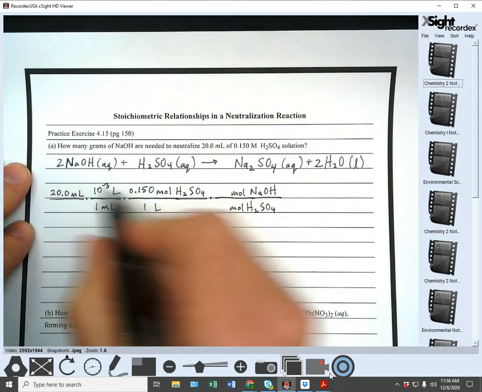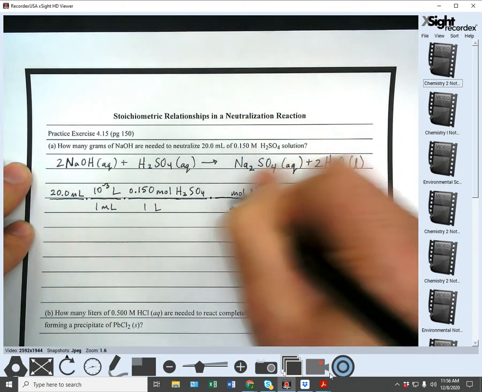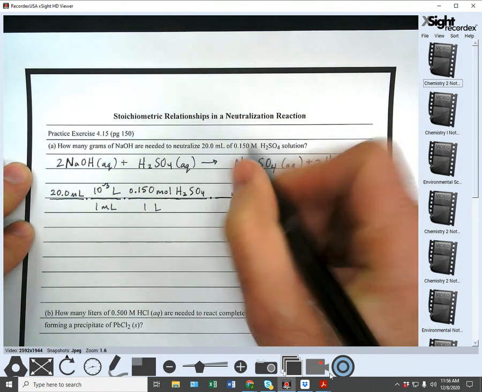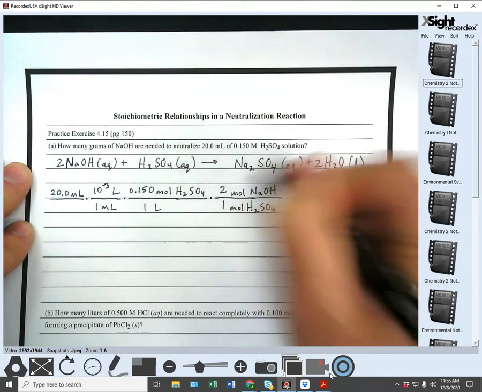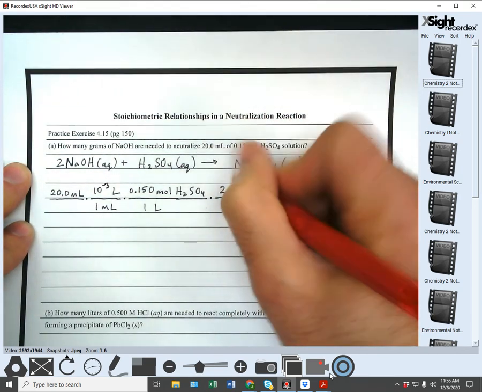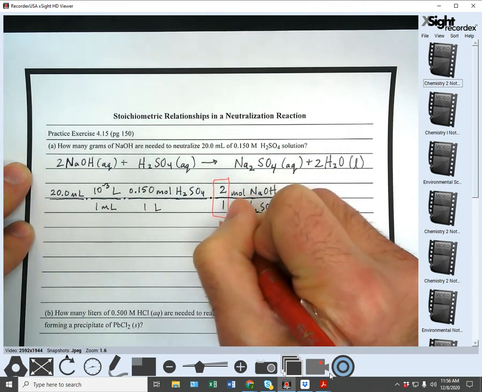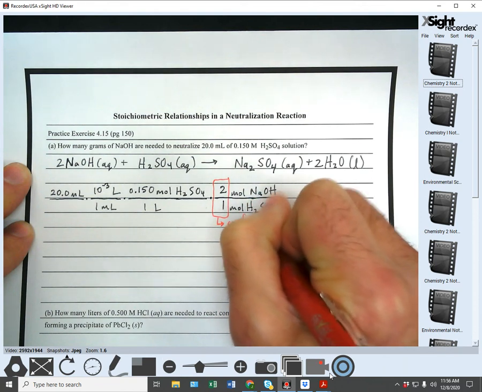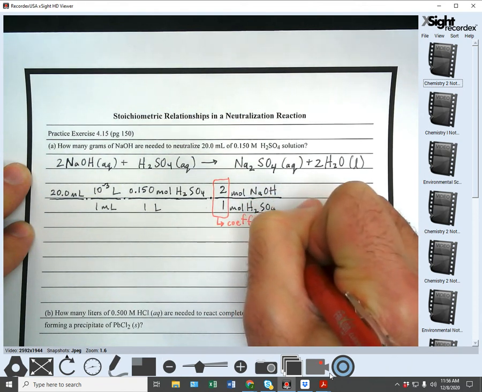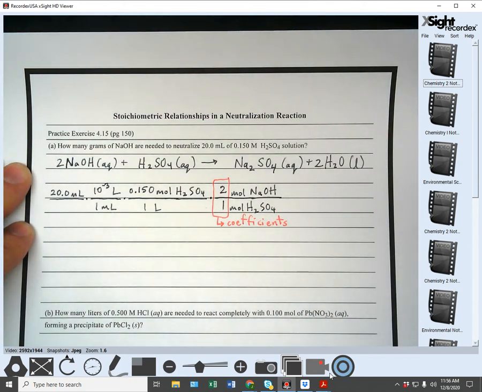Okay, so H2SO4, there's a 1 in front of that. There's a 2 in front of that. So these I get from the coefficients, right?